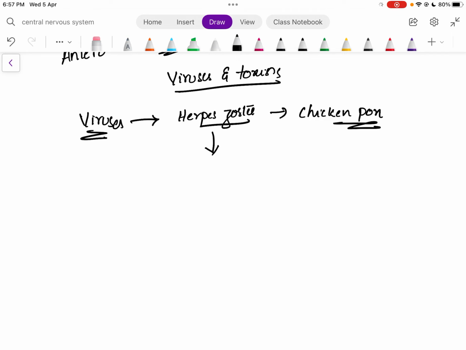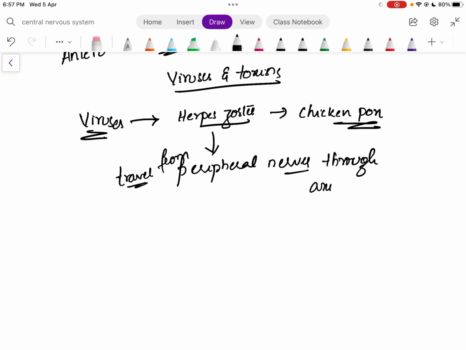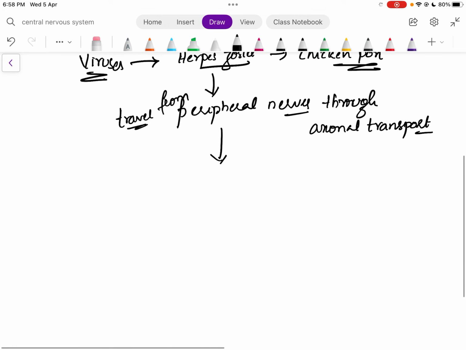And they travel from the peripheral nerves through axonal transport, that is retrograde transport, and they will invade the dorsal root ganglion.